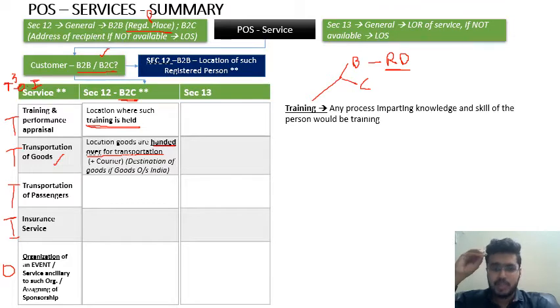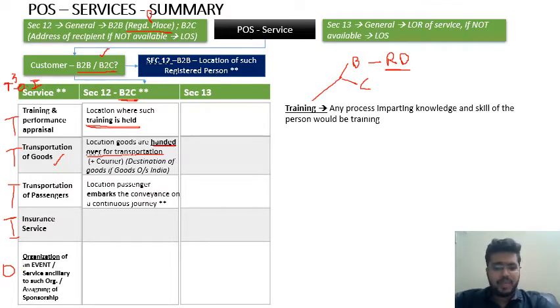The B2B, B2C is similar to the general rule we saw. If the customer is B2B, the place of supply is the place of the registered person, and there is nothing to go beyond. However, what is important is what to do when it is a B2C situation, because that's the difference.